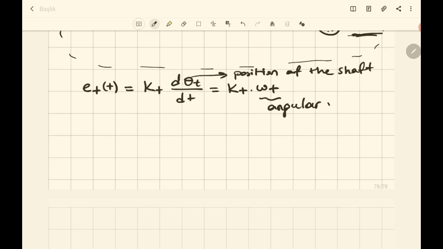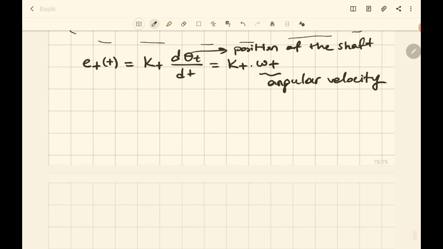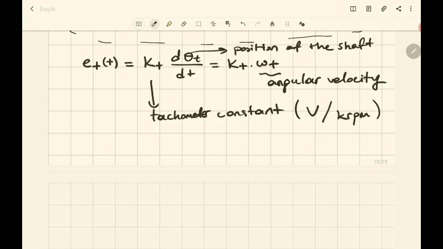What is K_t? K_t is a constant, the tachometer constant. This value is usually given as a catalog parameter with the unit volts per kilo RPM.